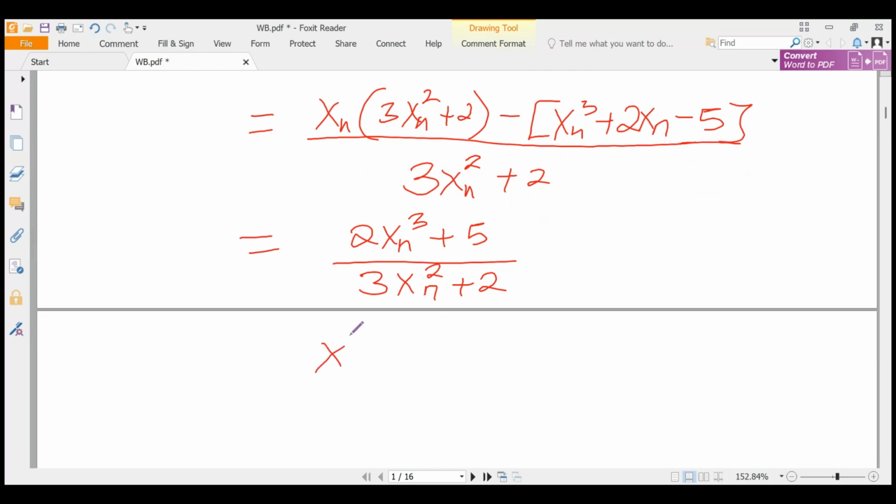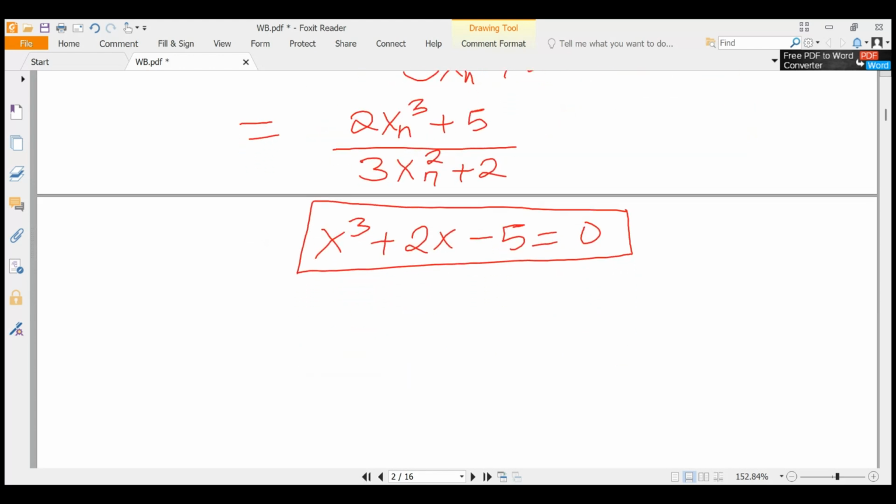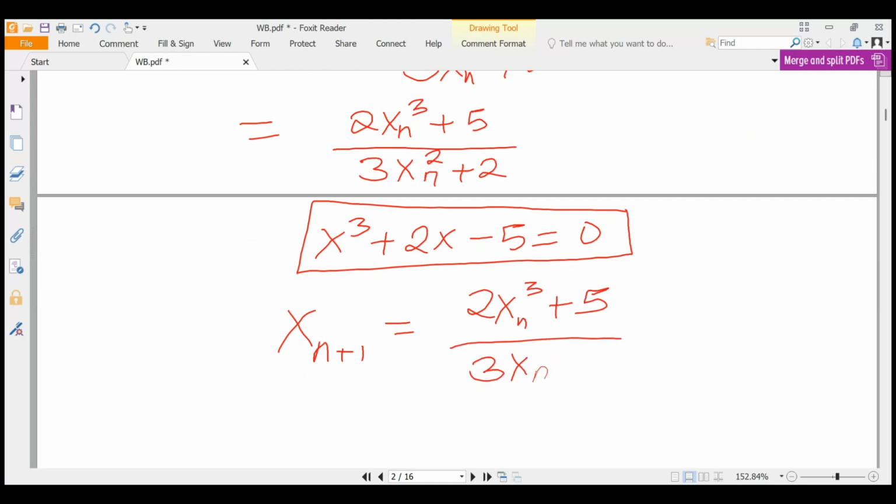Our equation was x cubed plus 2x minus 5 equals 0. This is the equation we are trying to solve. So the Newton-Raphson method for solving this particular equation can be reduced to x_{n+1} equals 2x_n cubed plus 5 divided by 3x_n squared plus 2.